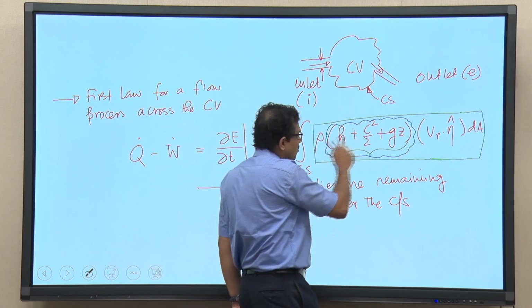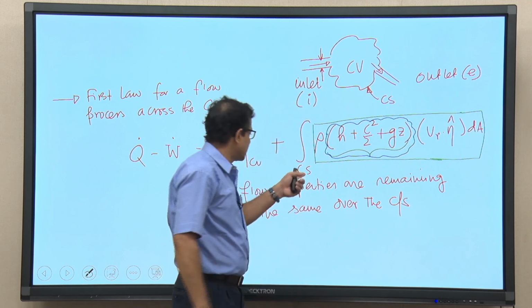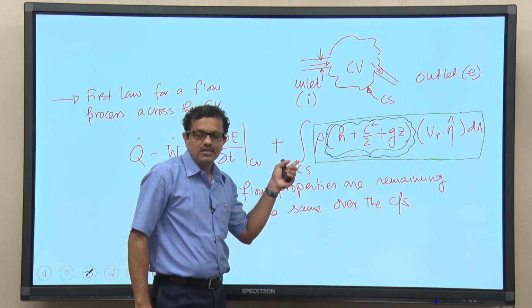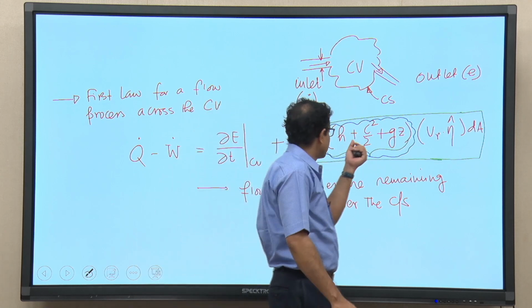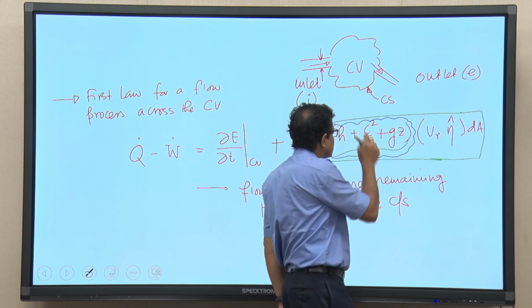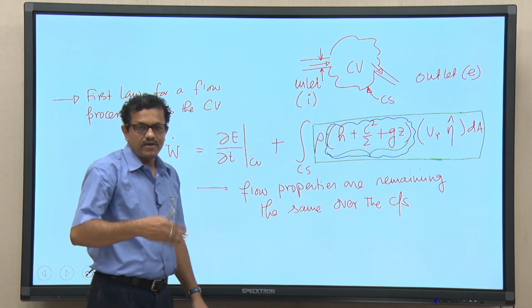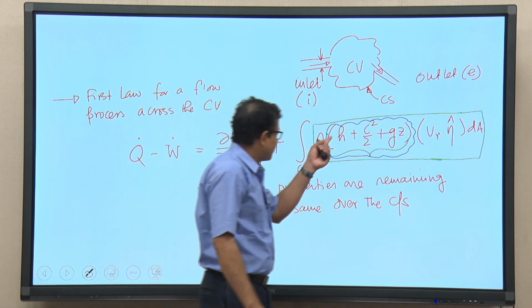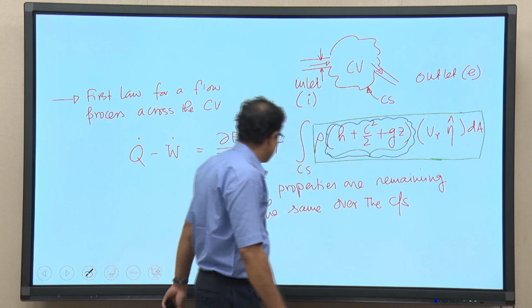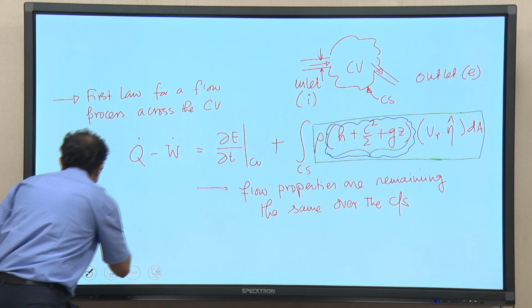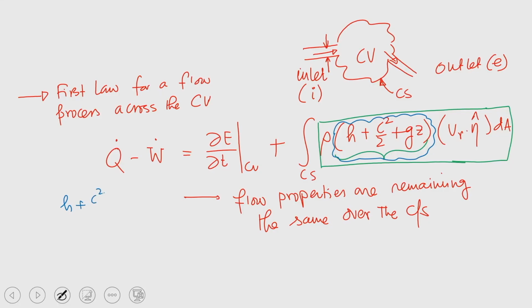So, this term rho Vr dot eta dA, if we integrate over the control surface, is the mass flux. So, mass flux in minus mass flux out, and this term is multiplied by H plus c square by 2 plus gz. So, this is the specific energy, that is, specific internal energy plus energy required to maintain the flow in the presence of pressure. I am writing H plus c square by 2 plus gz.